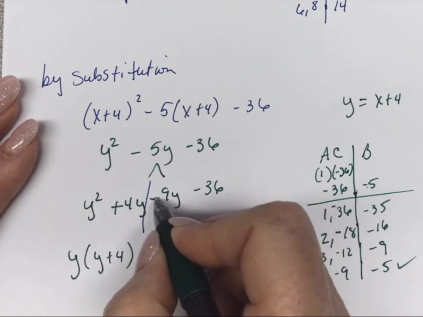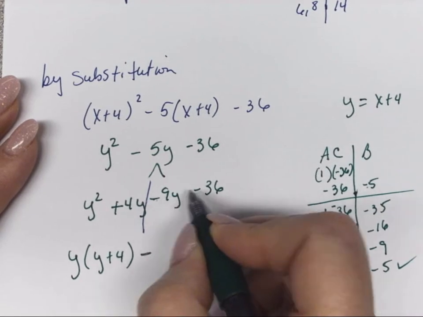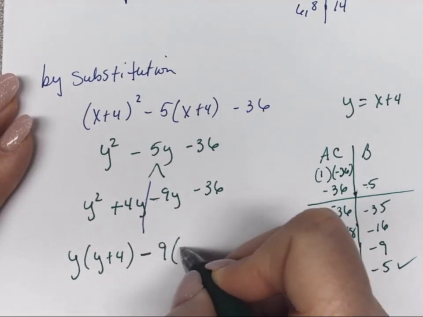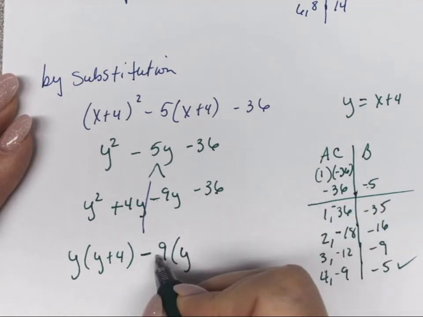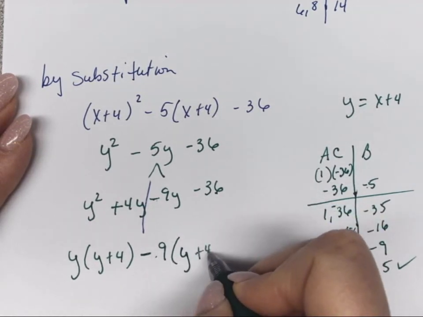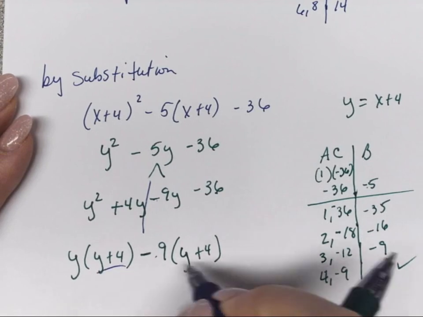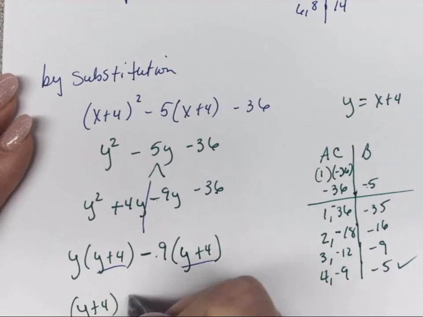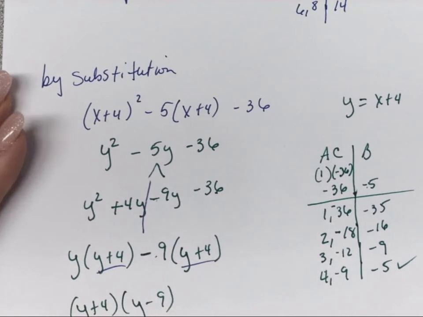Over here, we pull out the sign. Between 9 and 36, they're factorable by 9. And I'm left with y. Negative 36 divided by negative 9 is positive 4. And they match. So we have y plus 4 times y minus 9.